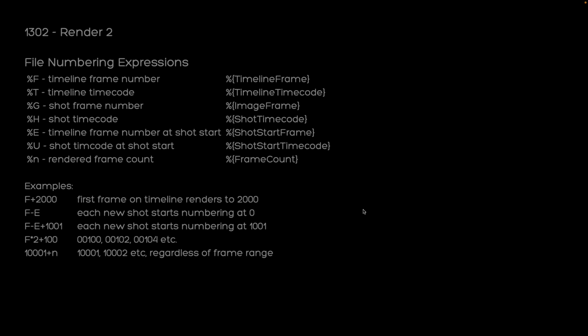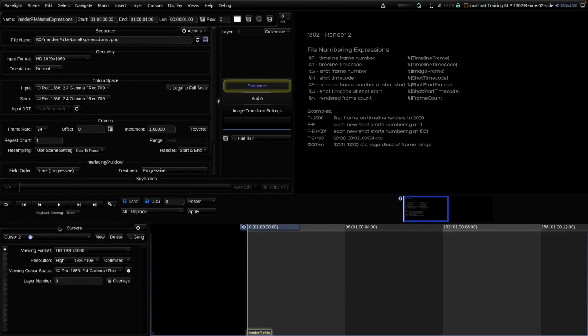Here I put together that slide for you that shows some file numbering expressions, and the by far most common one is the one starting each shot with a given number, let's say 1001, and the expression example is f minus e plus then the start frame number. Let's show you how this is done.